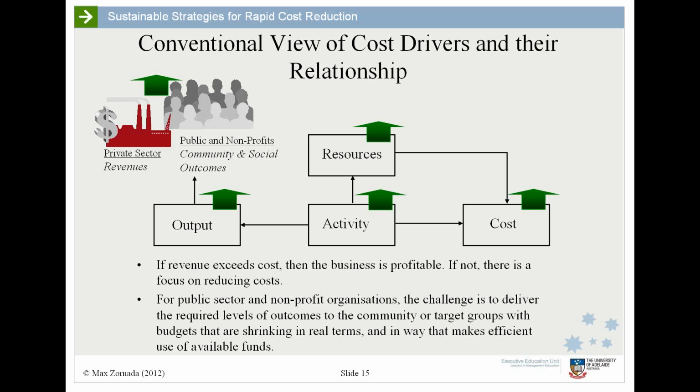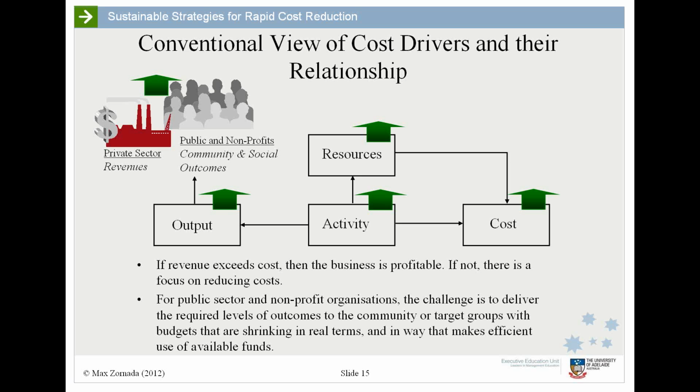The activities drive cost because they require resources, and not only do they require resources, the way those resources are deployed, in terms of how much overtime is paid and when the work is done, is also a key cost driver.